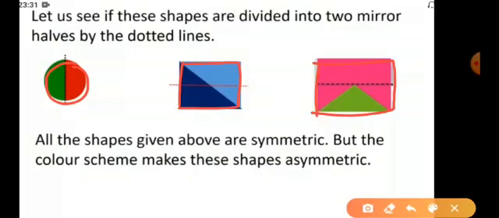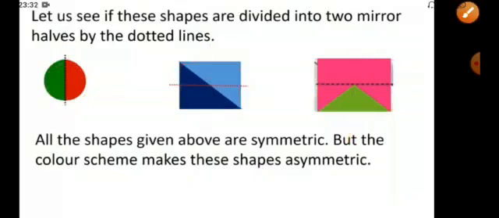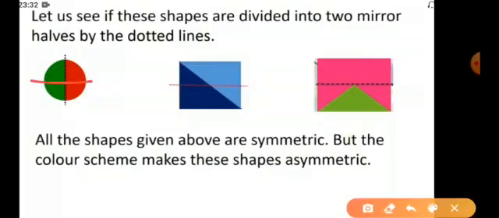Means we can divide these shapes in two equal parts by drawing vertical line of symmetry or horizontal line of symmetry, right? But the color scheme makes the shapes asymmetric.